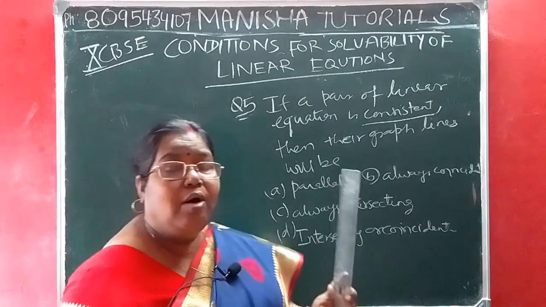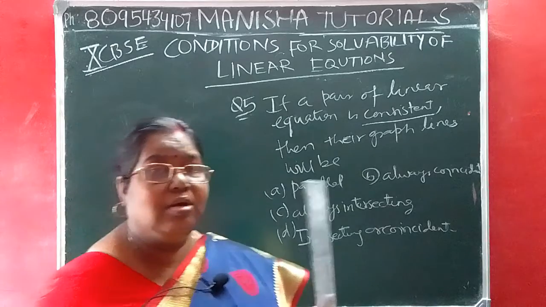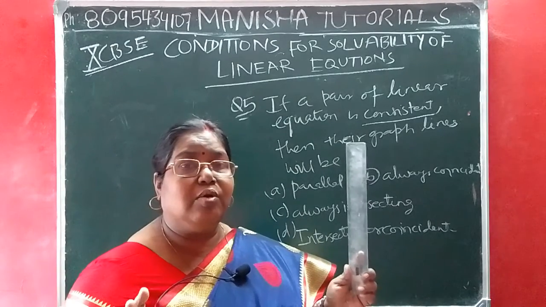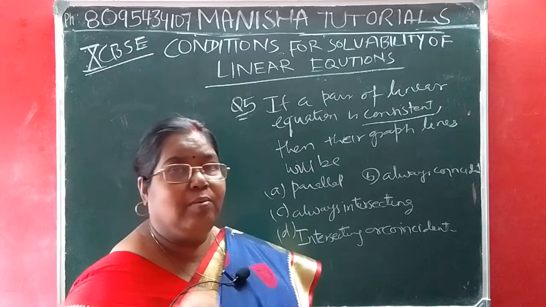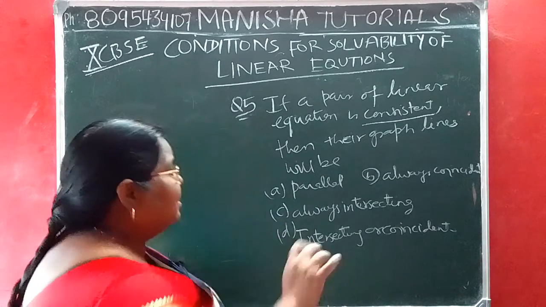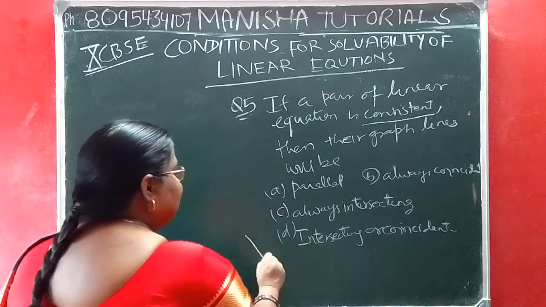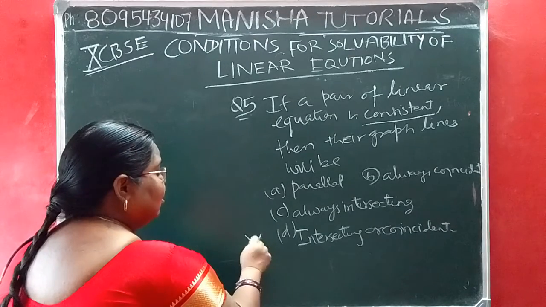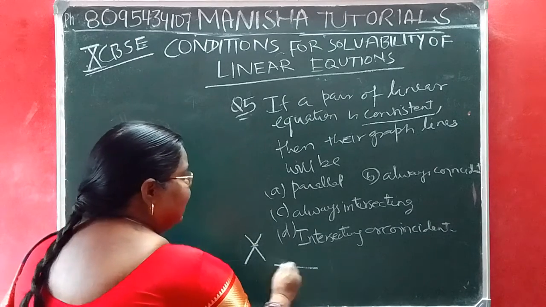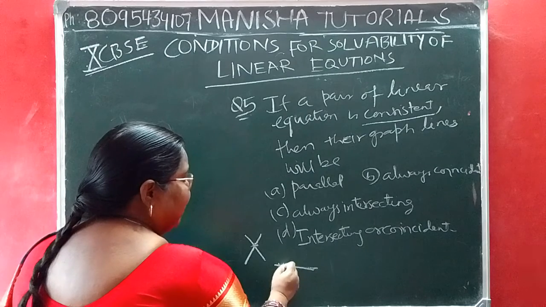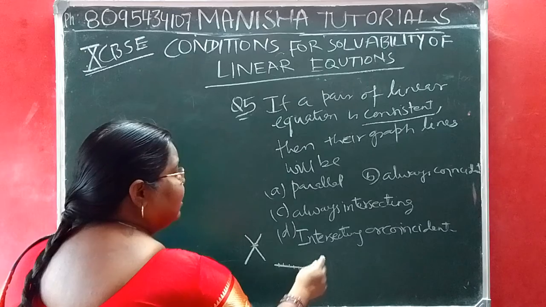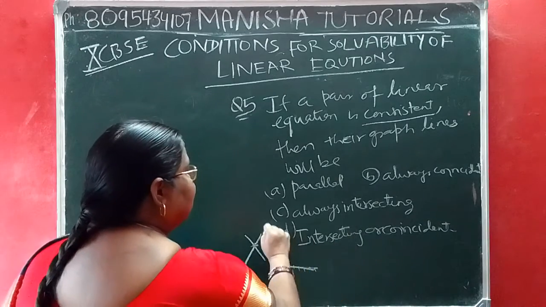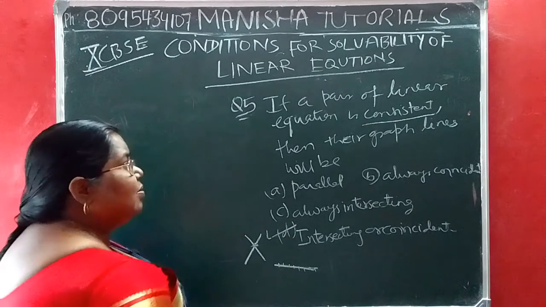Consistent means we are learning that the equations will have a solution. Unique solution means x will have some value and y will have some value. Intersecting lines will give you one solution. If coincident lines are there, you will get an infinite number of solutions. So both intersecting and coincident are possible.